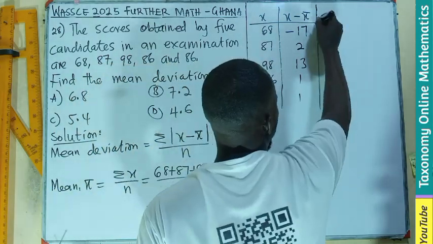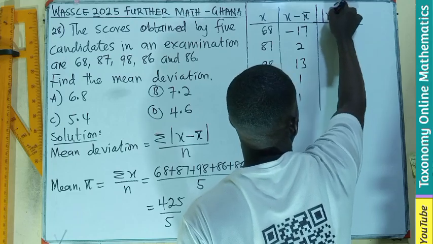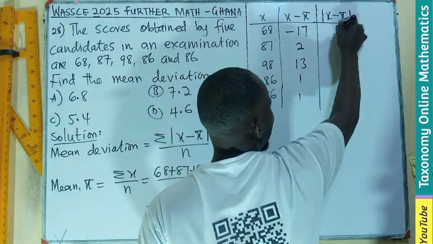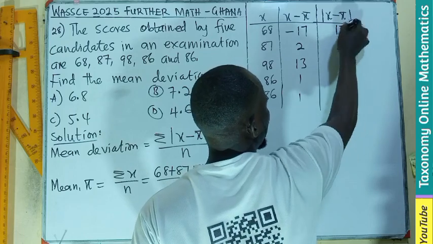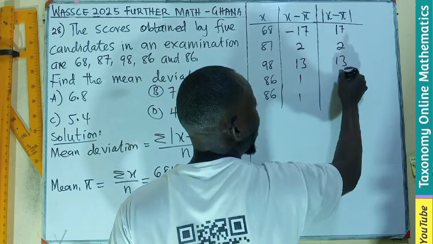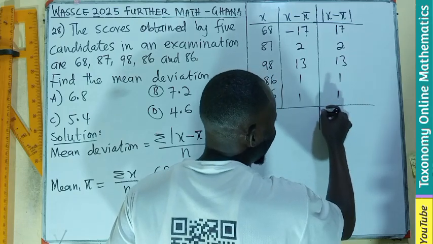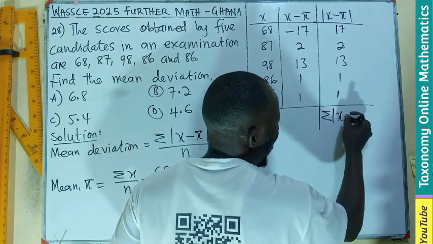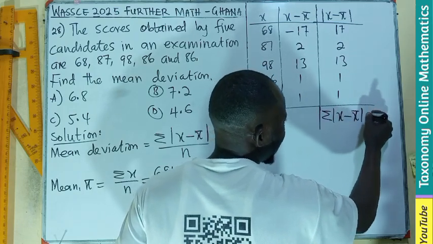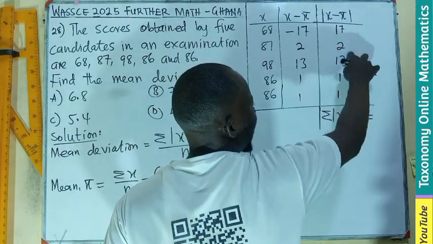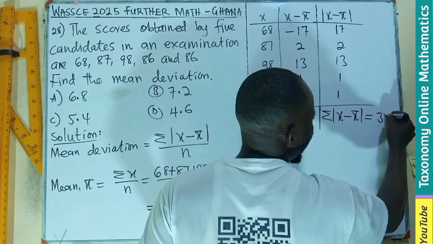Remember, what we are looking for is the absolute value of the deviation in the numbers. So this becomes positive 17, 2, 13, 1, 1. But we need to find the sigma of the deviation, right? So this is 20, 30, 34.